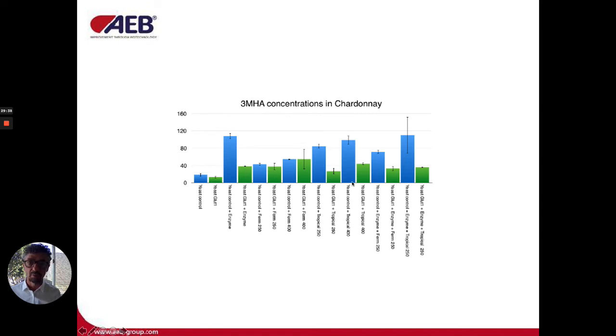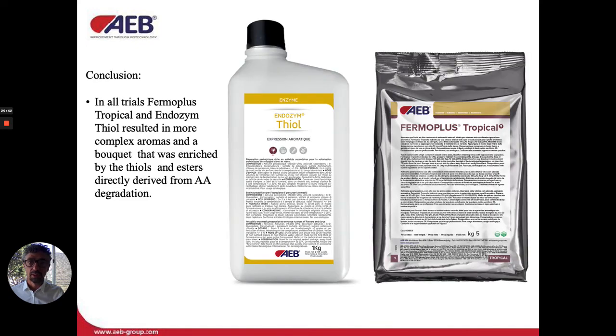The enzyme here made a big difference. And for your notes, these are the two products: the Thermoplast Tropical, so the nutrient, and the enzyme thiol, the carbon sulfur lyase enzyme.